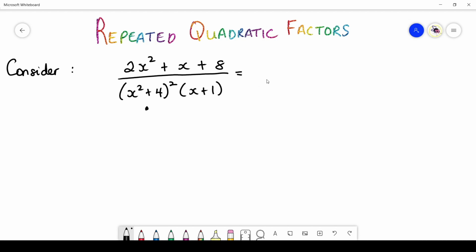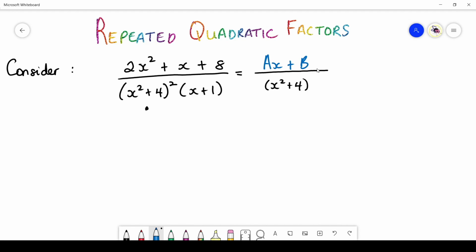And remember, when you have a quadratic factor on your denominator, your split has a special corresponding numerator. So you're going to write down that factor first of all. You have x squared plus 4. We're going to hold off writing the power just yet. We're going to relate that quadratic to its associated type or form of numerator, which is ax plus b for quadratics.